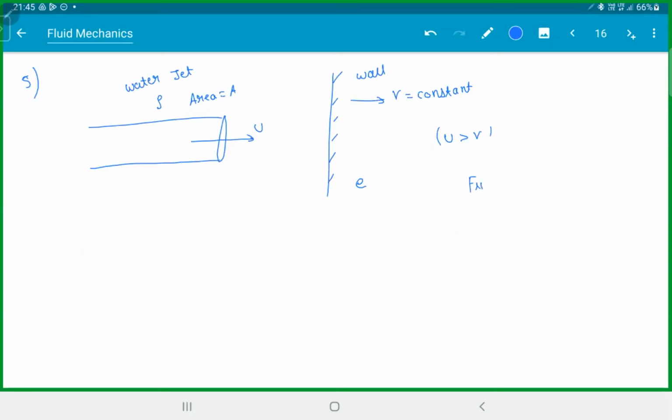Find the pressure acting on the wall. The water jet hits the wall, the coefficient of restitution is E, and the wall is going away with speed v. Let's get this. This came from variable mass systems, if you remember. Water jet problems. Try, this is a good one.